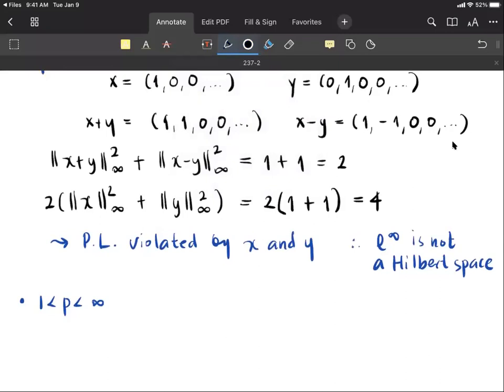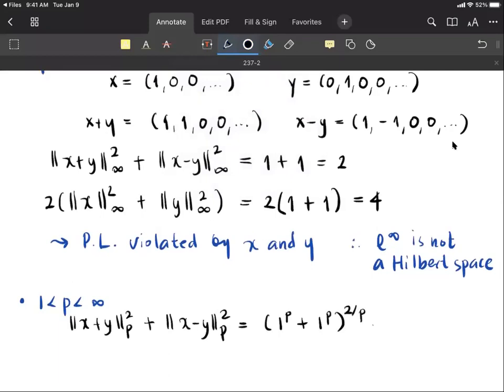So let us compute the p norm squared of the sum plus the p norm of the difference squared. The p norm is just the absolute value raised to p, raised to 1 over p. But since we take the square, we have 2 over p.